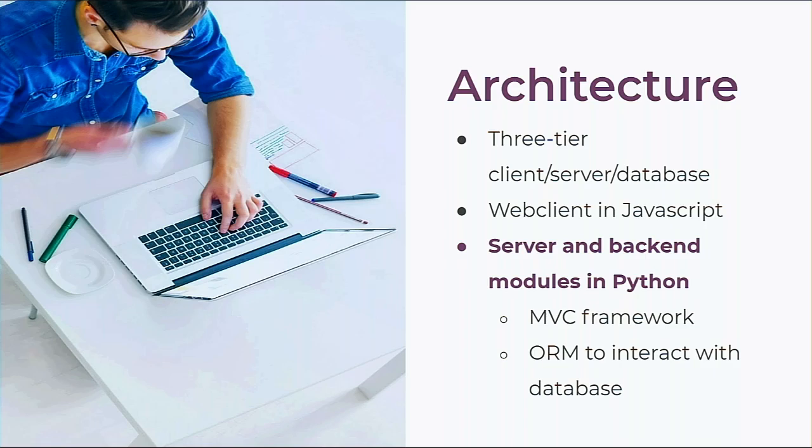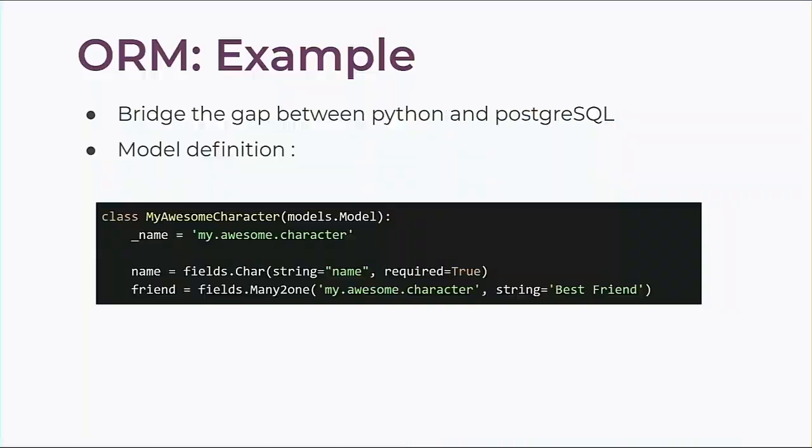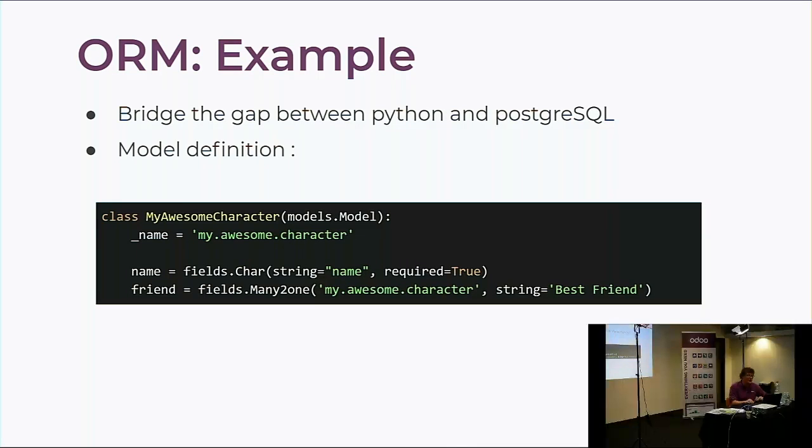The data model in the code is described and manipulated through Python classes and objects, and it is the ORM's job to bridge the gap as transparently as possible for the developer between the Python declarations and the PostgreSQL database, which will provide the persistence we need to use a system like Odoo. I will make a simple example to show you the power of the ORM.